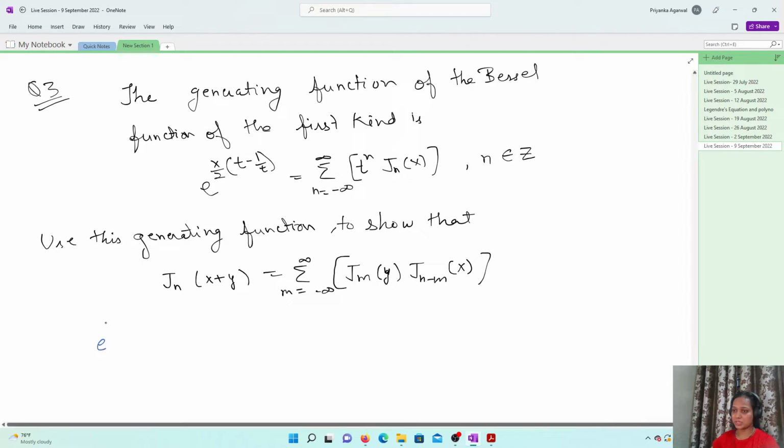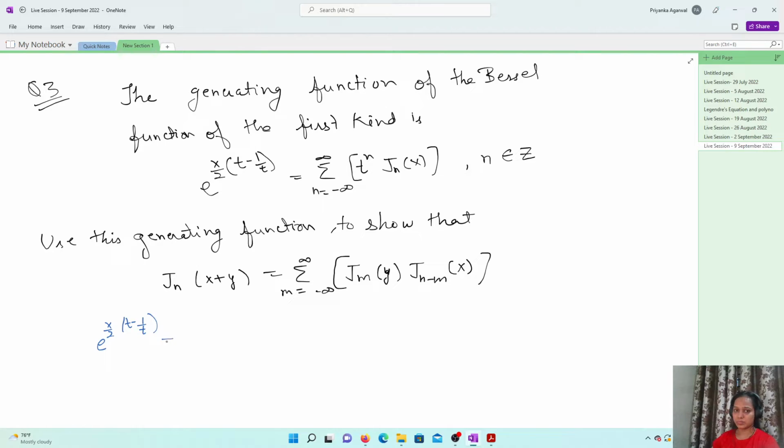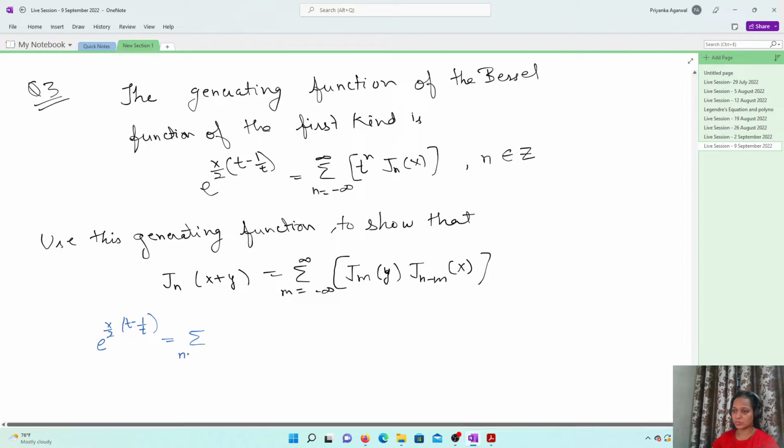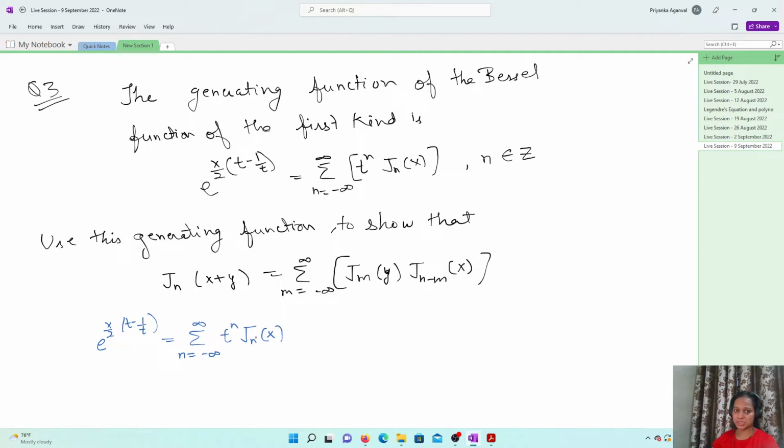So we know that this is the generating function as it is given in the question itself. J n of x.